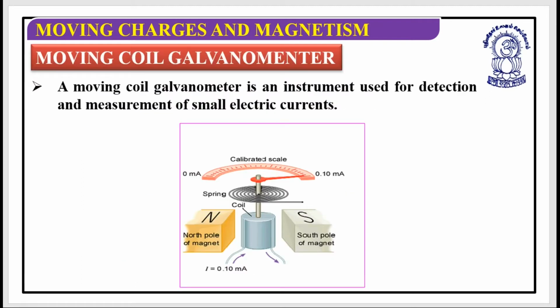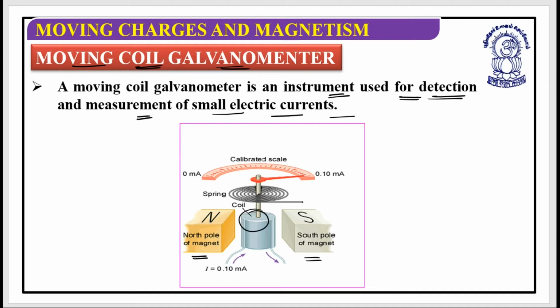So let's begin. First, we are just looking at the moving coil galvanometer. We can say it's an instrument used to detect and measure a small electric current. If you observe this very carefully, this is the construction, or this is what a galvanometer looks like. The north pole and south pole of the magnet would be there.